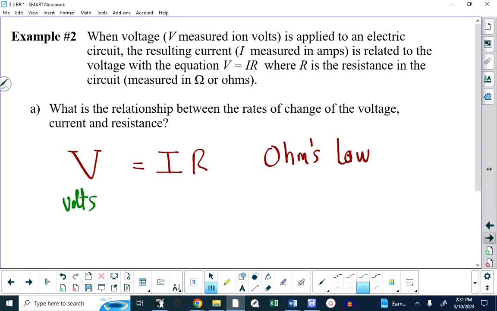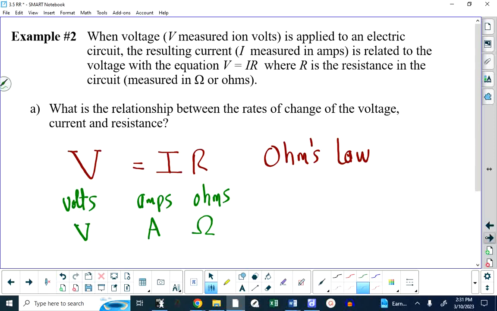Current, which is I, don't ask why we use I, I couldn't tell you, to be honest, is measured in amps or amperes, and R, which is resistance, is measured in ohms. And the unit of these is a volt, an amp, and an ohm. It's a Greek letter, omega.